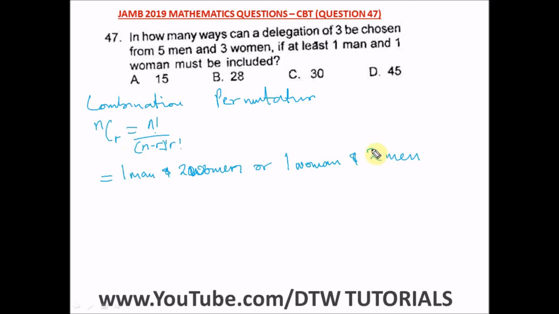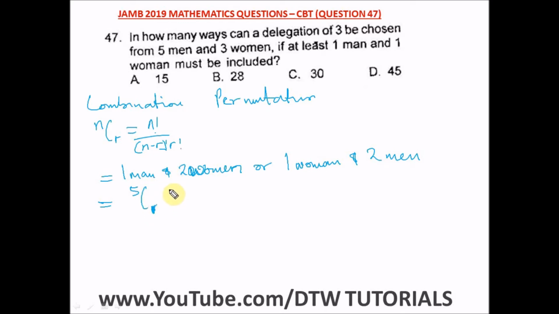So let us interpret this now. 1 man selected from the total number of men will be 5 combination 1.